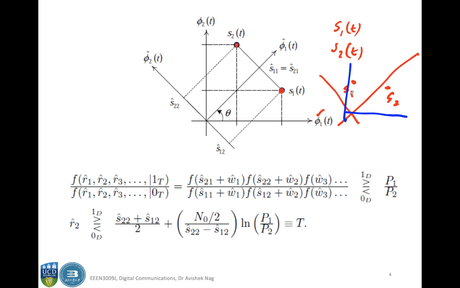Okay, you can define any axis as long as they are orthonormal to each other. You can define any axis like this, and the signals can be represented in these axes accordingly with a new set of coordinates. Okay, but the signals' relative positions are the same.